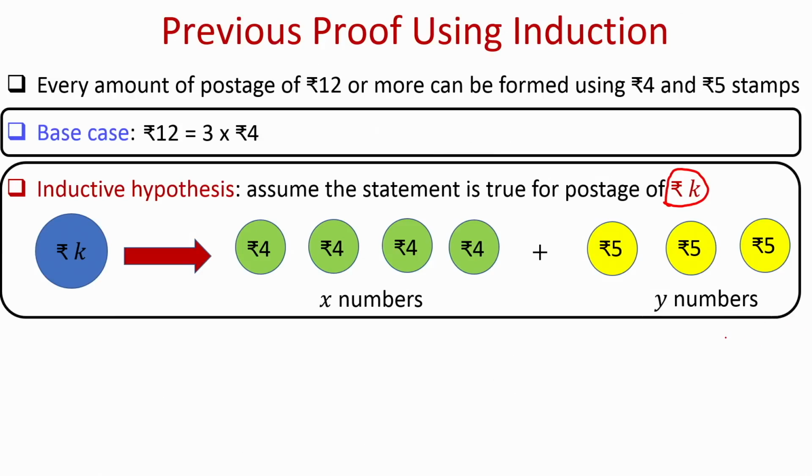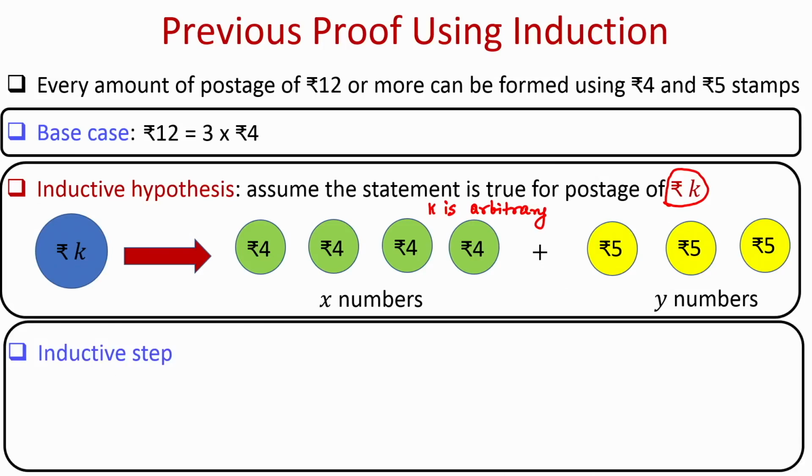I do not know the exact values of x and y because my k is arbitrary here, remember. When I am proving the inductive step, I am taking my k to be arbitrary because I am trying to prove a universally quantified statement, and to prove a universally quantified statement, my value of k has to be arbitrary because I will be applying the universal generalization. Now, while applying the inductive step, I have to show how I can represent a postage of k plus 1.